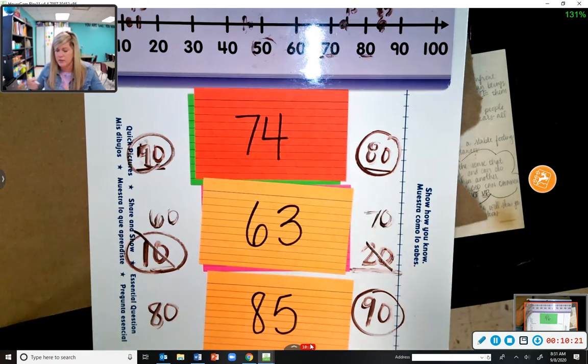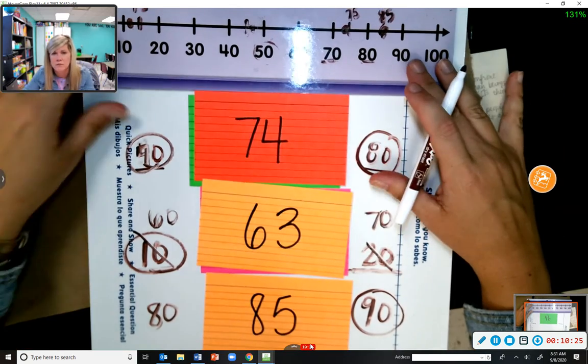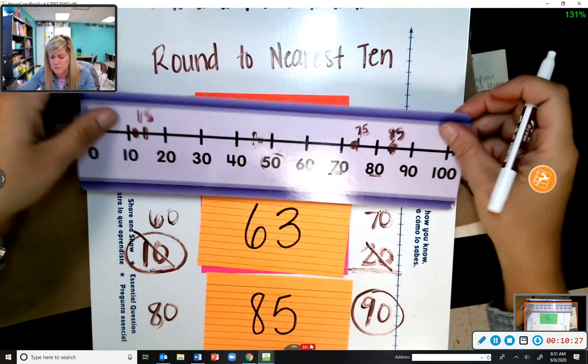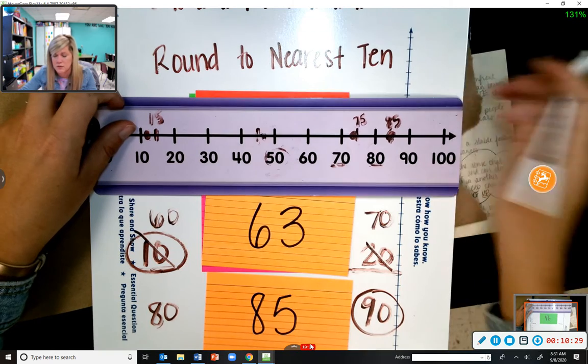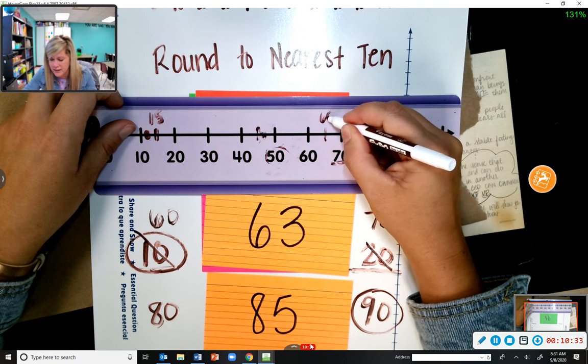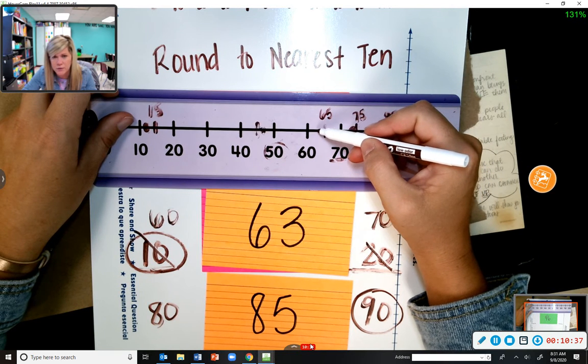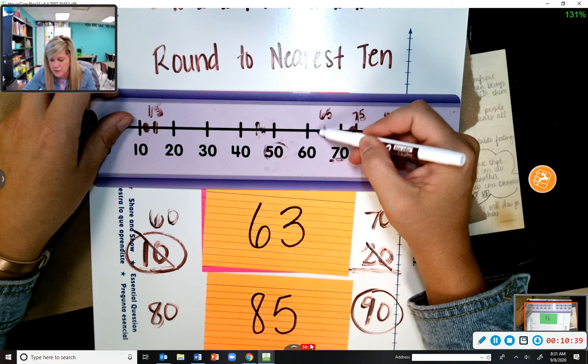Now we need to put it on our number line. Remember, halfway is 65. So 63 must come before 65. It's going to be right about here.